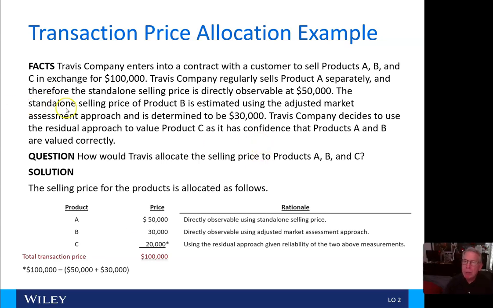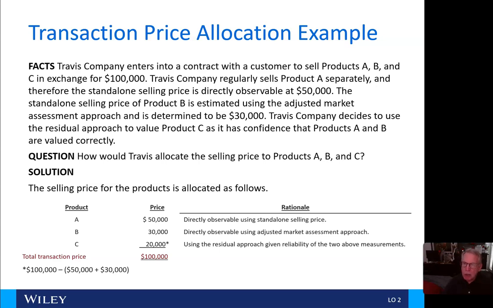Here, Travis Company enters into a contract with a customer to sell products Alpha, Bravo, and Charlie in exchange for $100,000. Travis Company regularly sells product Alpha separately, and therefore the standalone selling price is directly observable at $50,000.